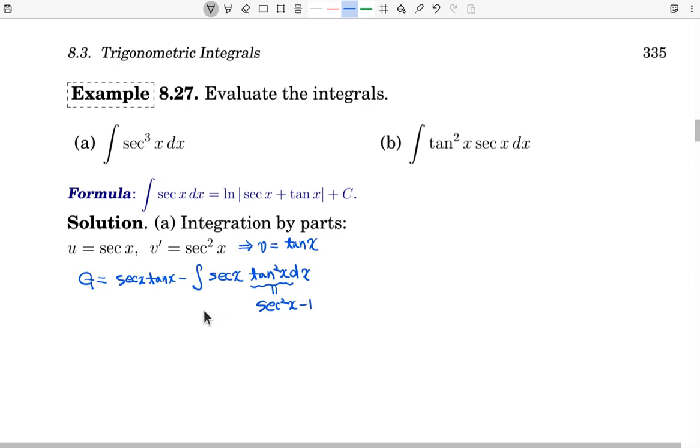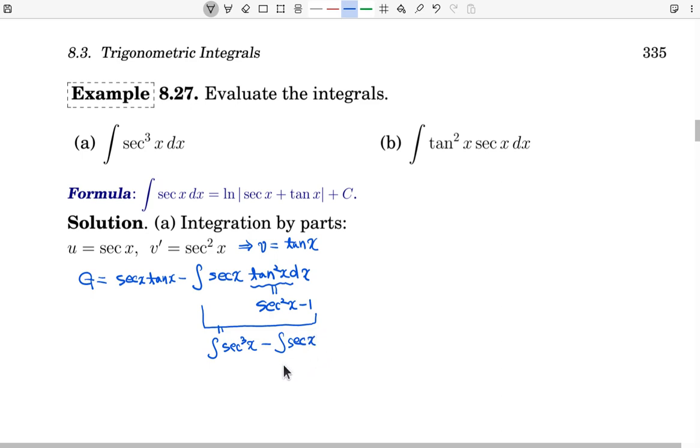So this portion can be written as the integral of sec cubed x, oops, I forgot the integral sign, minus the integral of sec x, right?